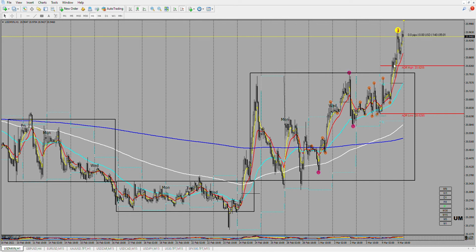Then it tested, went up again. We see a very aggressive, not quite aggressive, but there was an aggressive move on this day, which broke the previous high. So from here, we are now expecting price to consolidate, give us a consolidation right here, or stop hunt people or retailers from this zone.